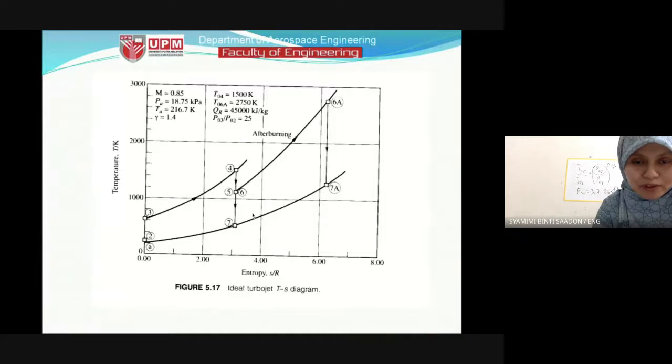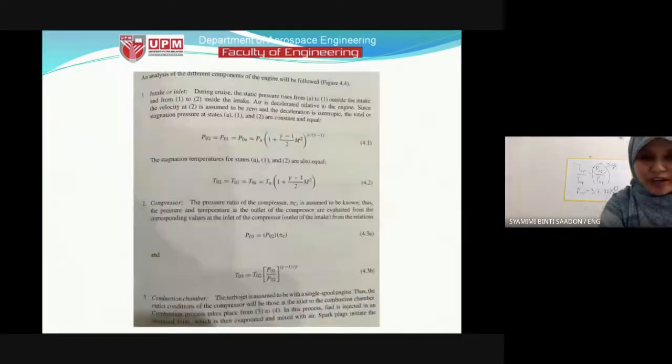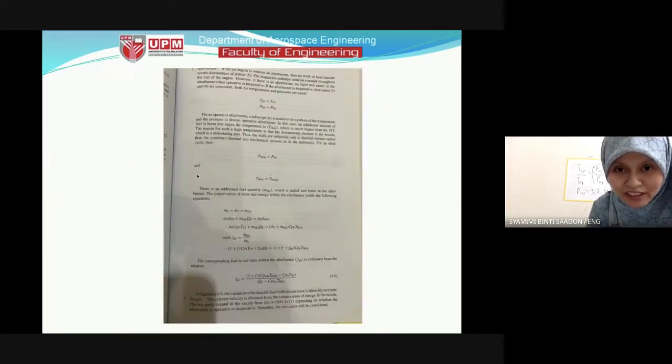Now we move to the last point, point 7, exit nozzle. Point 6 is equal to point 5, otherwise if you have the afterburner, if not, we won't use this equation. This part is for afterburner as well, so skip.